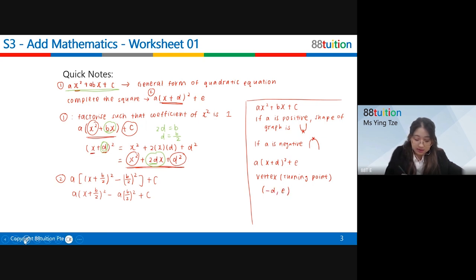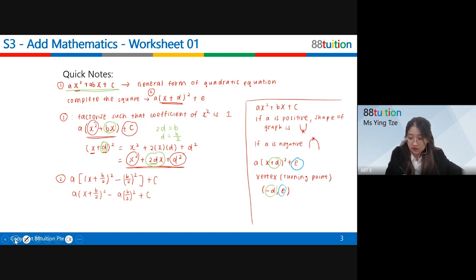The x coordinate is from here; you just need to change the sign. So if here is positive d, here will be negative d. Then for the y coordinate, you get from here. If here is positive e, here will also be positive e. So for the x you need to change the sign, but y you don't need.